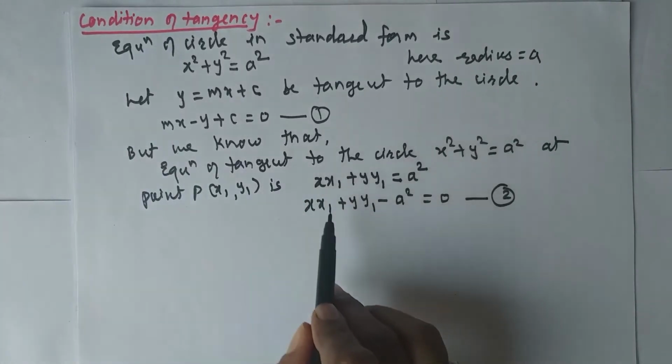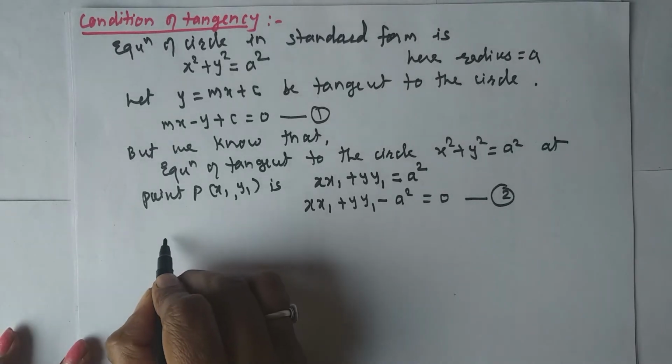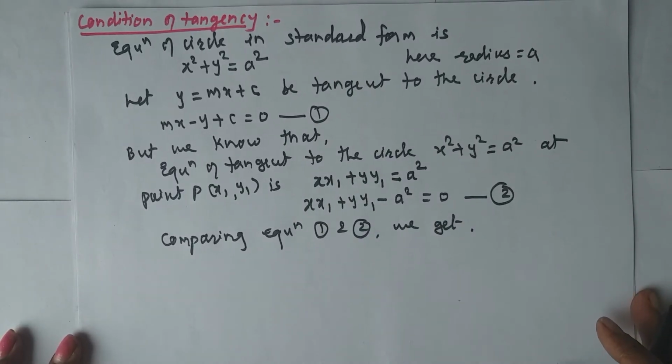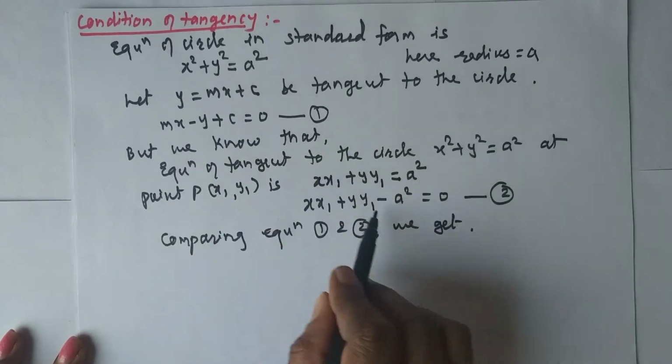Therefore equation 1 and 2 are nothing but the equations of the same line. Therefore comparing equation 1 and 2 we get. Comparing equation 1 and 2 means we will compare the terms of x, terms of y and constant.